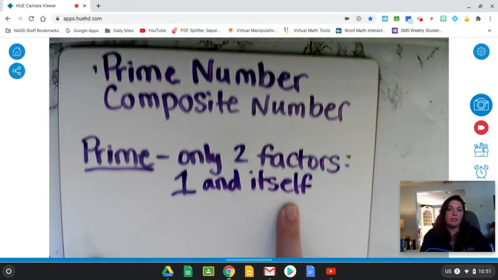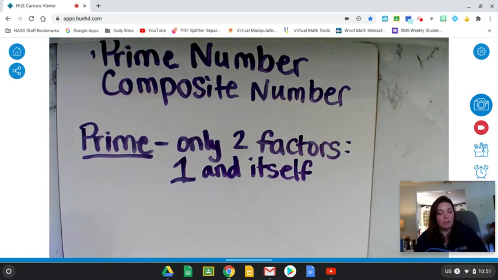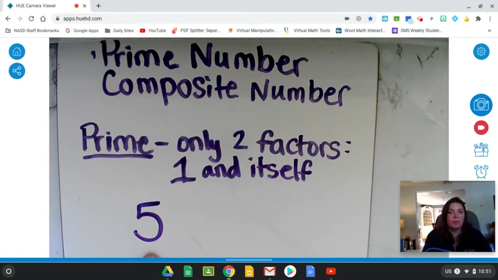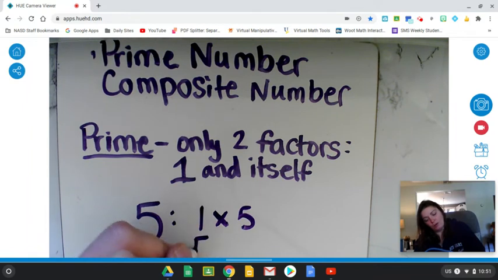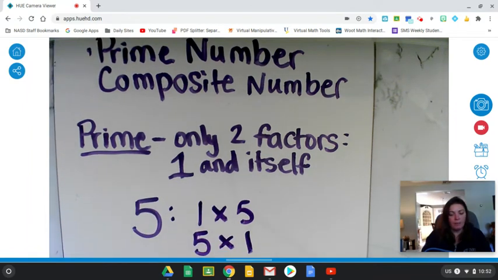So let's take a look at an example. A prime number is 5. Why is 5 prime? Because if you think about all of the whole numbers that you can multiply to make 5, what can multiply to make 5? Only 1 times 5 or 5 times 1. And they're the same numbers, right? So the only factors of 5 are 1 and 5.